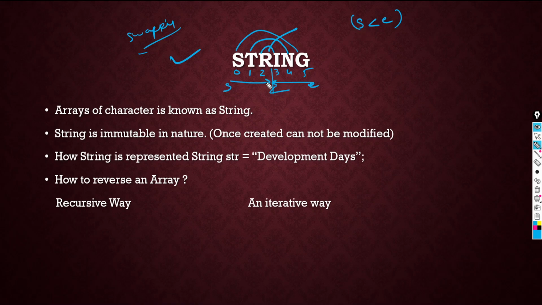Because if you are incrementing this start and it came to 3 and this decremented value came to 2, then 3 is greater than 2, meaning start is greater than end. So it is failing here, right? So this is what your base condition is.